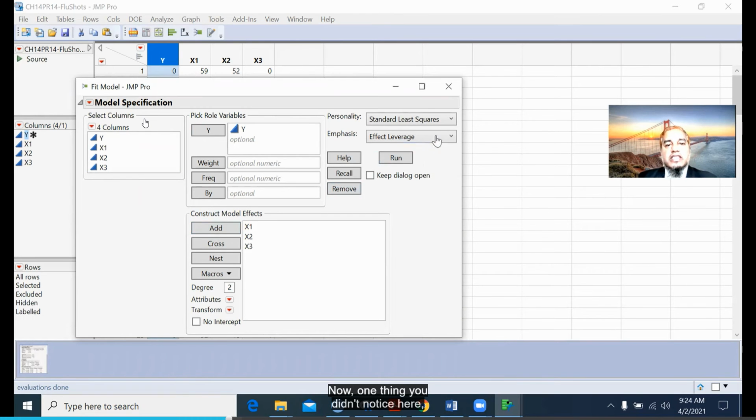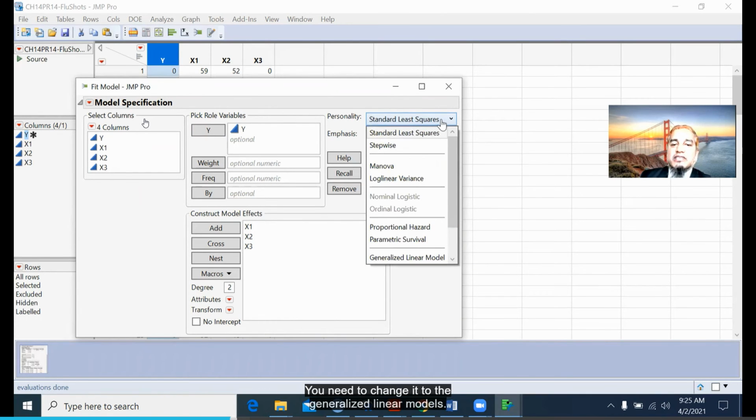One thing you can notice on the right-hand side, by default, is that they are considering that you are fitting a multiple regression analysis, because the response variable is now continuous, since we made it continuous. Now what you have to do here is change it to generalized linear models.